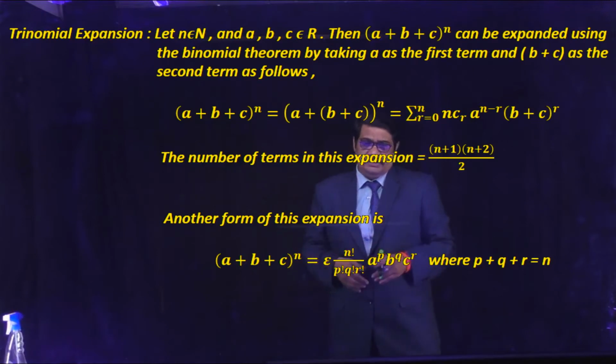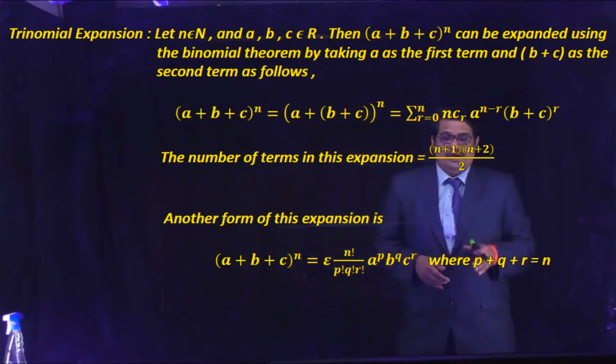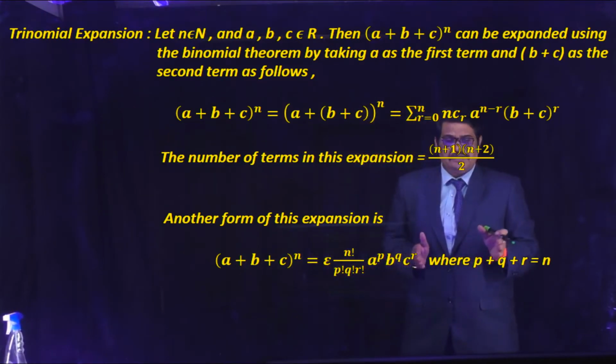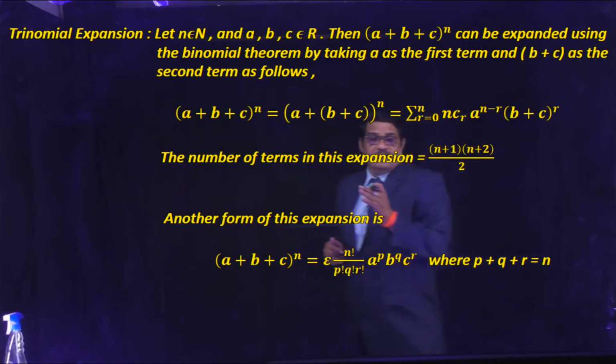The sum of these factors p, q, r is equal to n. So this is the trinomial expansion.